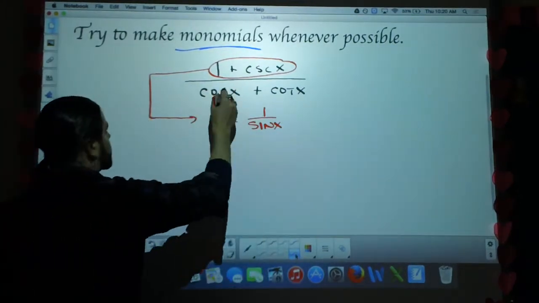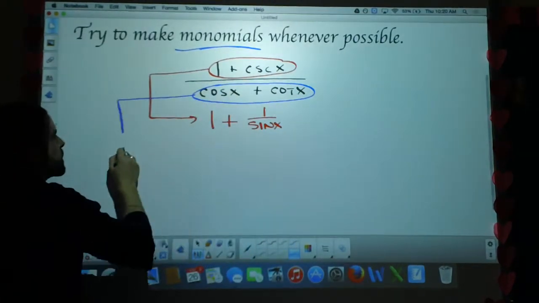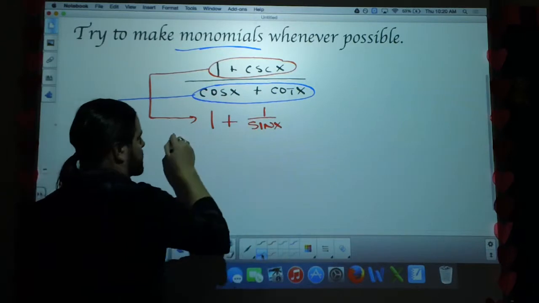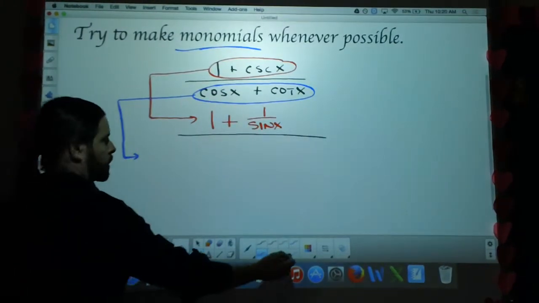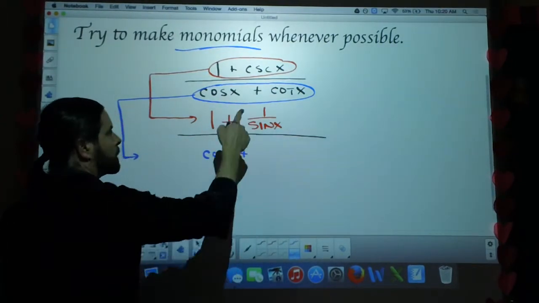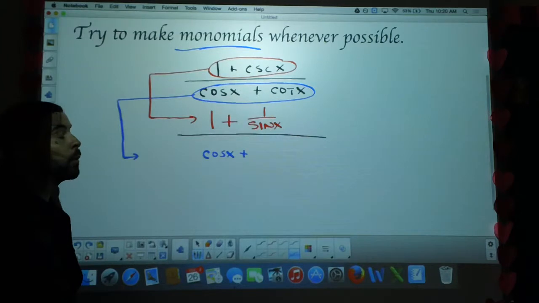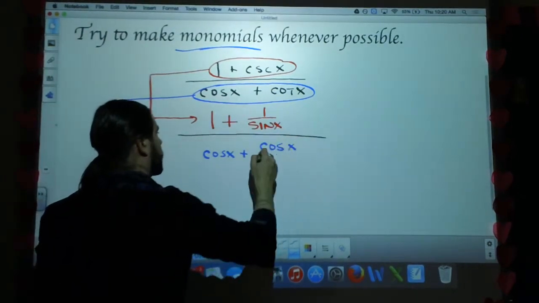And I will also see if I can deal with this. I'm not going to change the cosine, because sine and cosine are useful. We're going to keep that the way it is. But cotangent, I know from the quotient identities, is cosine over sine.